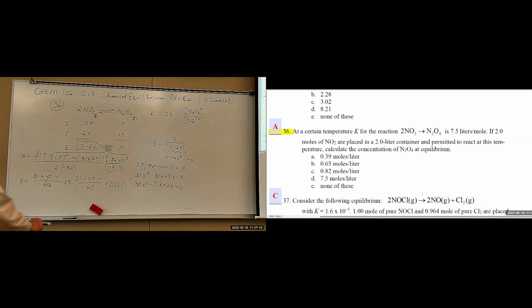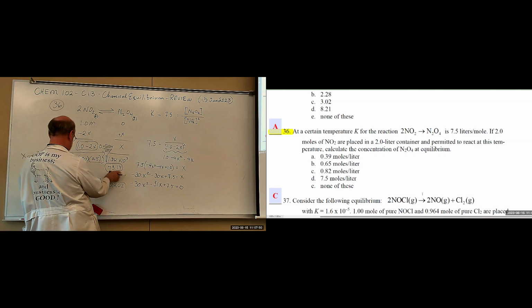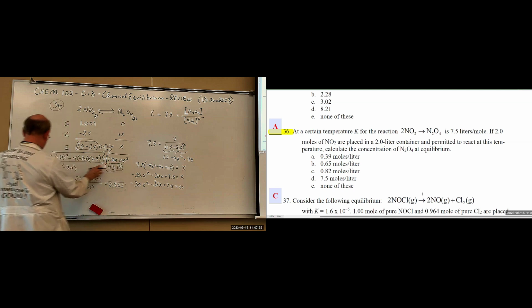It had to be in the solution of this equation right here. 31 squared. I got that. Now 4 times 30 times 7.5 times that one. That's plus 126 and 30, the square root of that, 43.14. Okay, that's right.